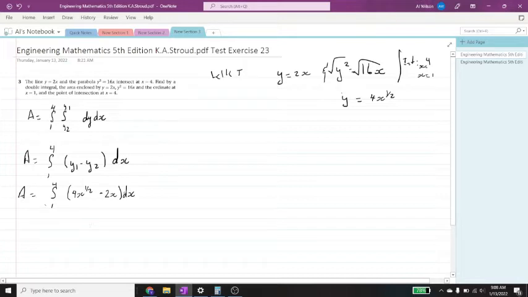Okay, I'm going to show you how I would go about doing the integration. I won't do it the method most persons will be familiar with, so this is what I do. For the integration of 4 root x, that is x to the half, after we apply the rules, we have 4 times 2x to 3 upon 2 divided by 3.